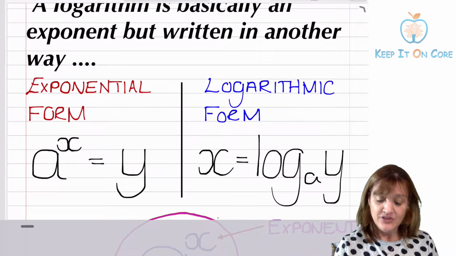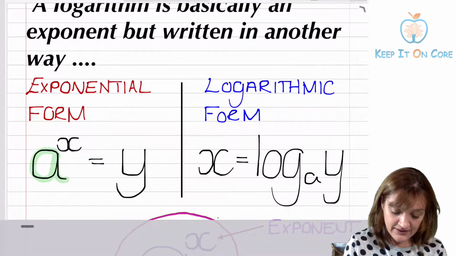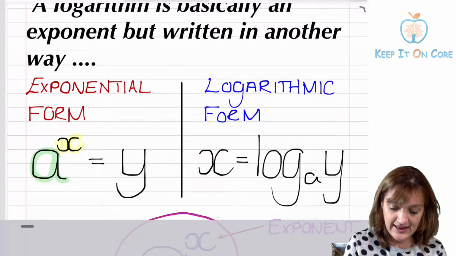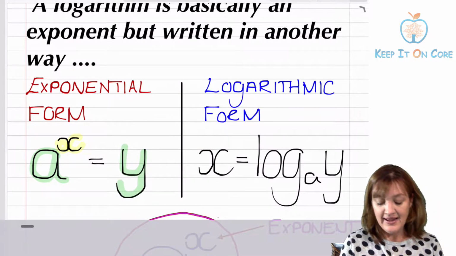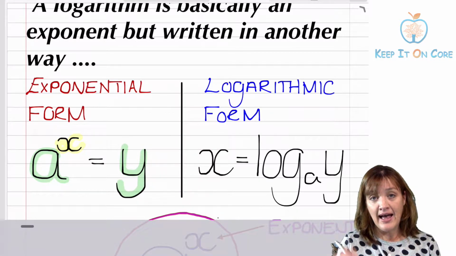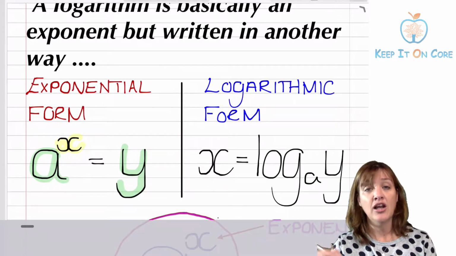Okay, so let's look at this example over here. If I have a to the power of x, in fact I'm going to make x a different color because that's the exponent, so a to the x equals y. That's exponential form. Now I'm going to convert it into logarithmic form.